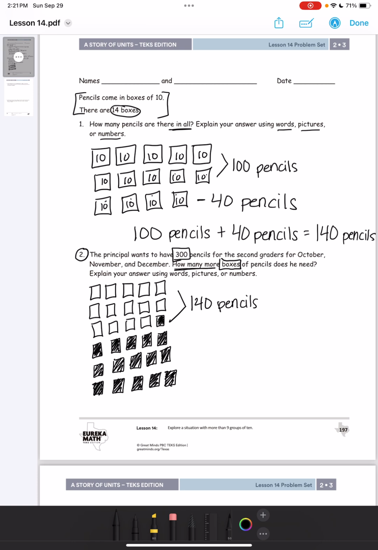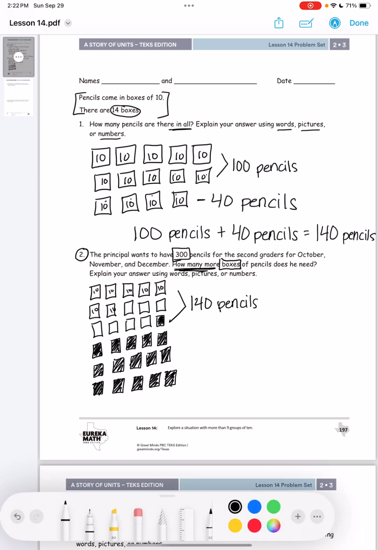So that's why I was counting by 10. So now I can go back and look at the ones I colored in to see how many more I need to get from 140 to 300. So colored in, I have 1, 2, 3, 4, 5, 6, 7, 8, 9, 10, 11, 12, 13, 14, 15, 16.